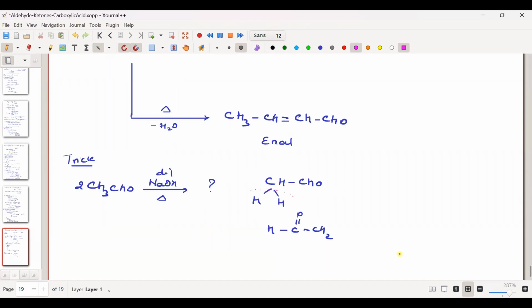CH3 CH from this one, CH3 CH from this one, double bond CH CHO from this one.